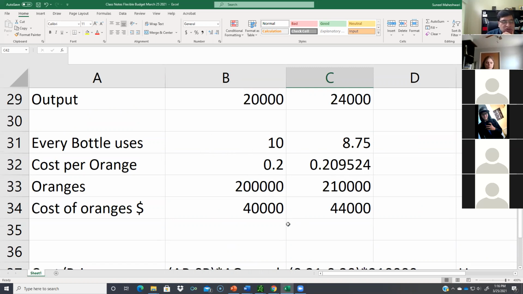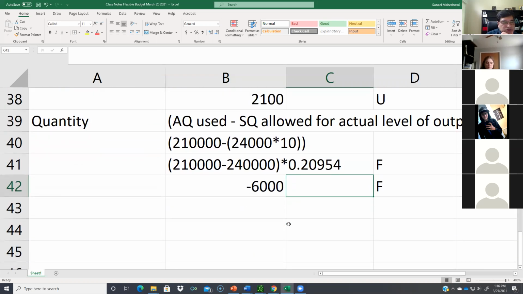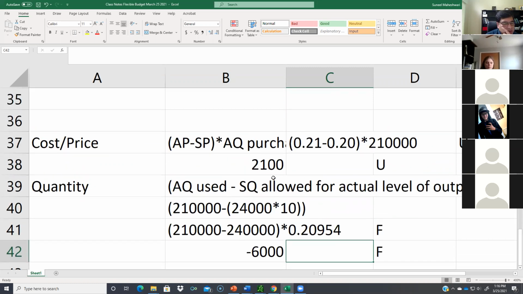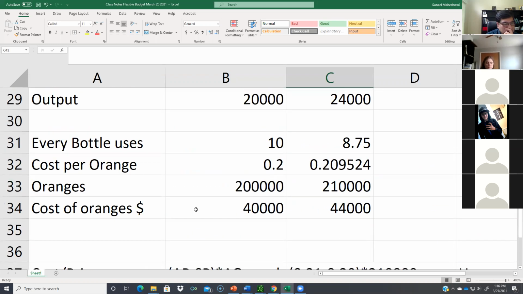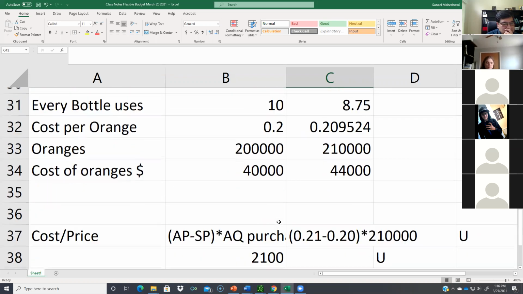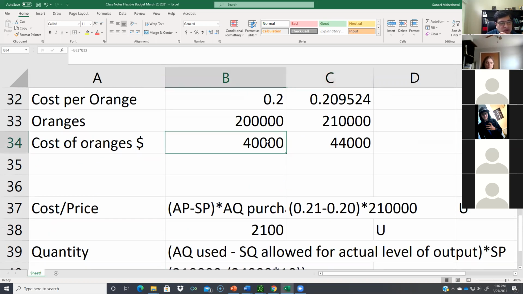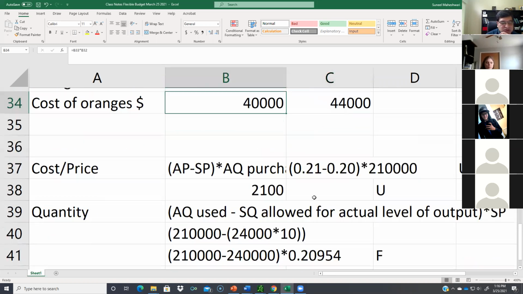The concept will still remain the same. The concept is not changing. I've made a calculation error somewhere, because you got a difference of 4,000 here. Basically what I'm trying to do is account for this variance of 4,000.